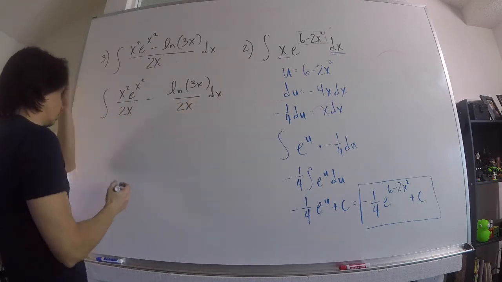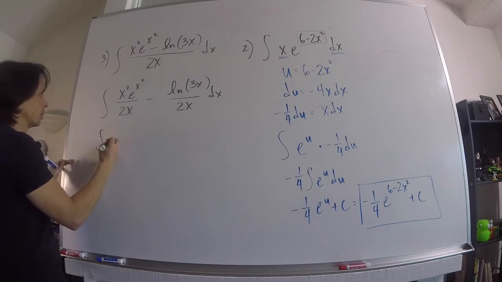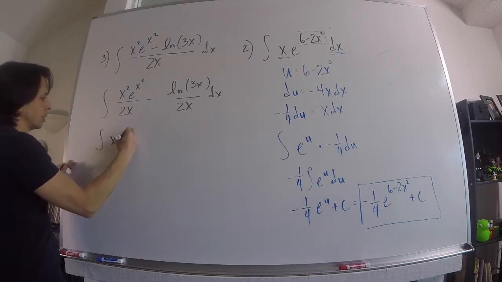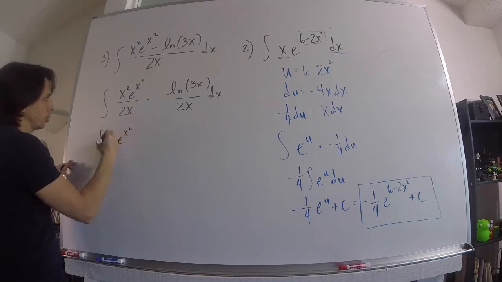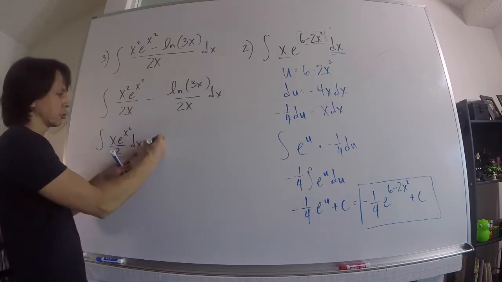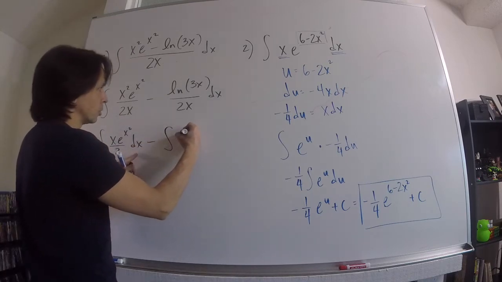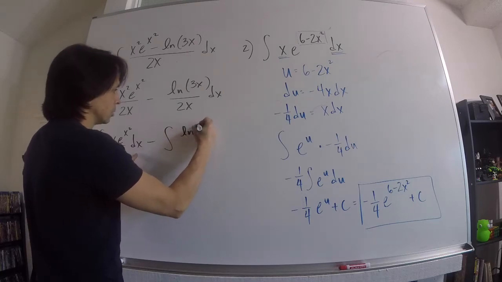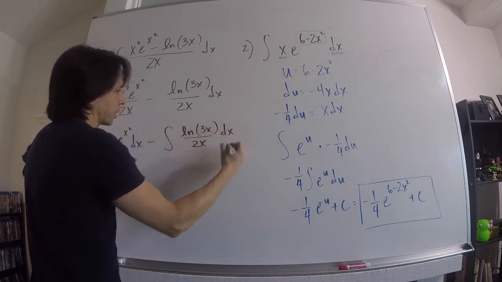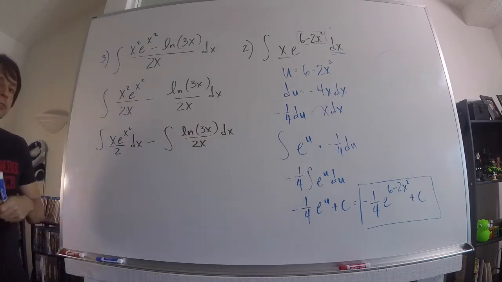Because this is the first time I'm doing it, I'm going to reduce this. It's going to be x e to the x squared, over 2. And I'm going to cap that off, and I'm going to split up the other one. So I'm going to split it into 2 separate integrals, because each one will require a separate technique.